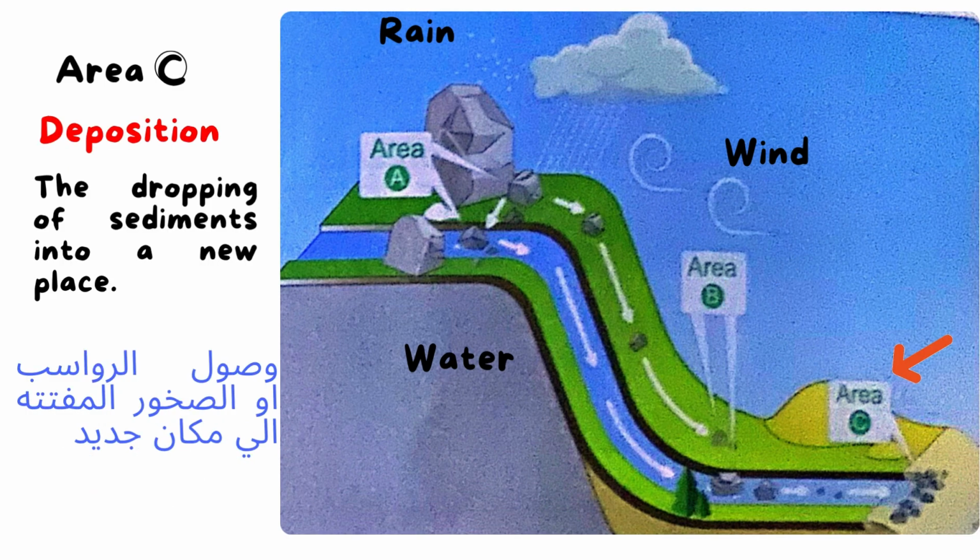Here we have area C. What do you see here? Yes, the sediments or the particles stop in this place, okay? So they are moved from one place to another. They now reach the other place, okay? So here we call it deposition.